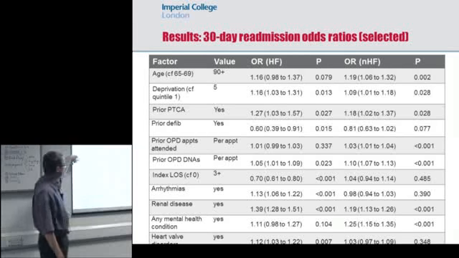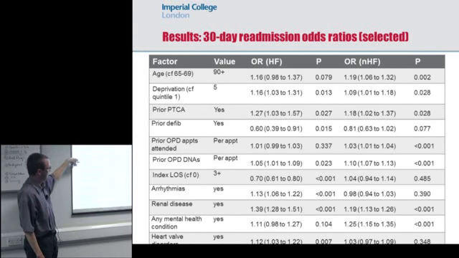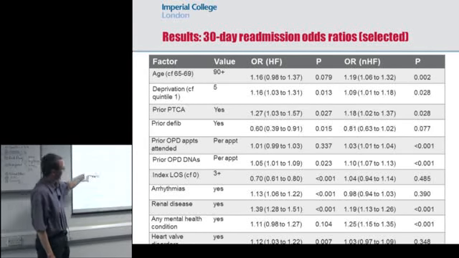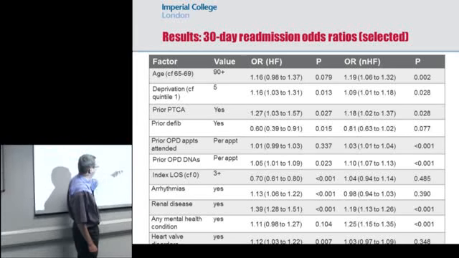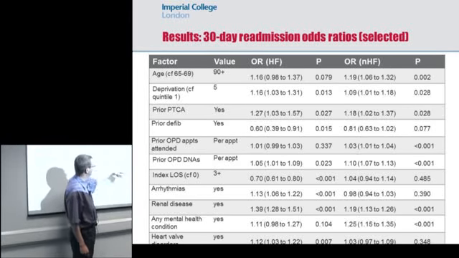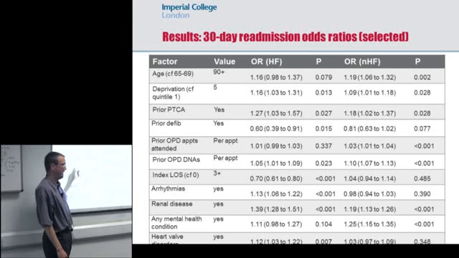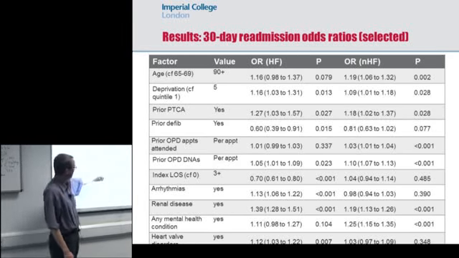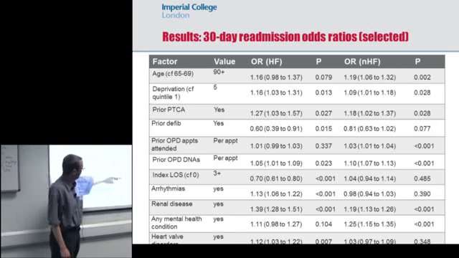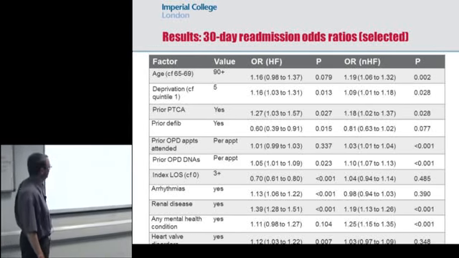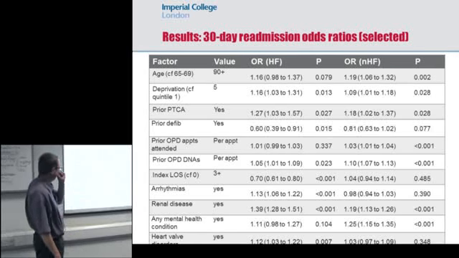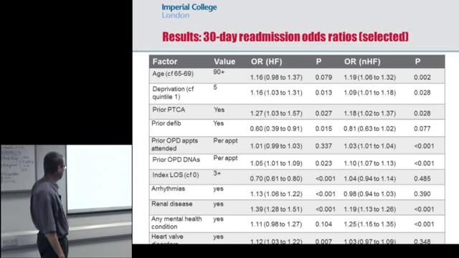The number of previous outpatient appointments attended has little relationship, per appointment, with non-heart failure readmissions, but what's more important is the number of appointments they've missed. Per appointment missed, you get an extra 5% or 10% odds of readmission. And some of these folk have missed a lot of appointments.